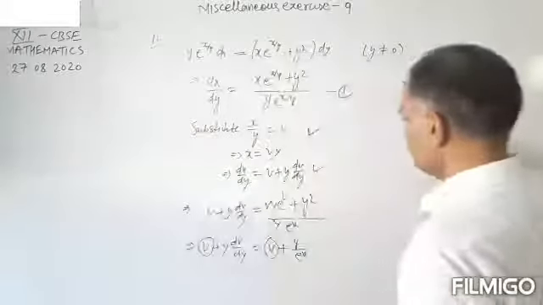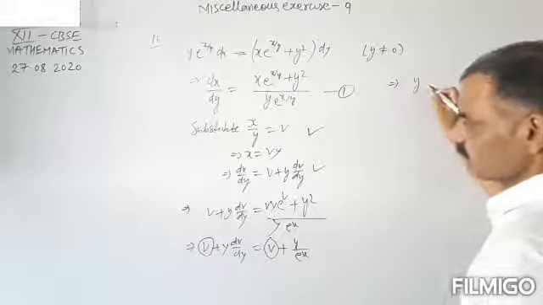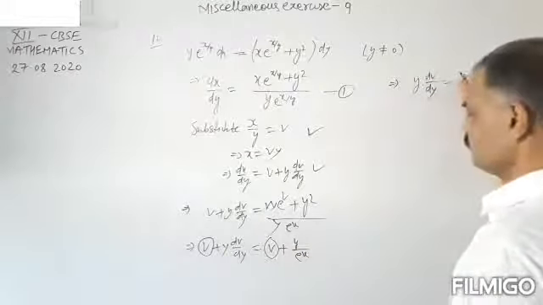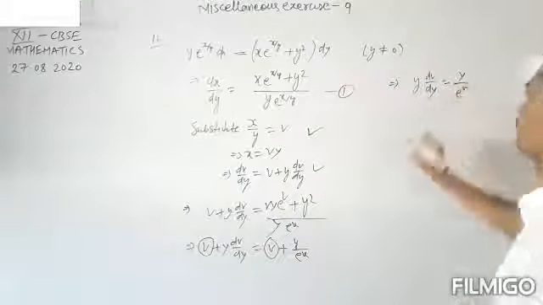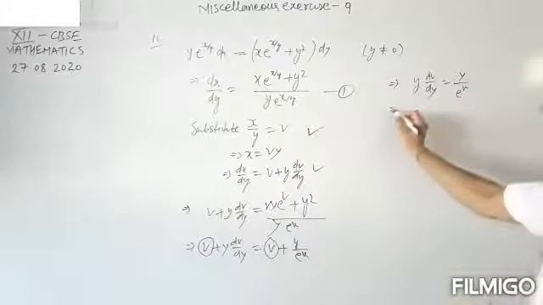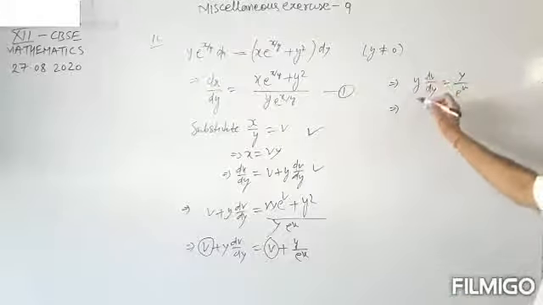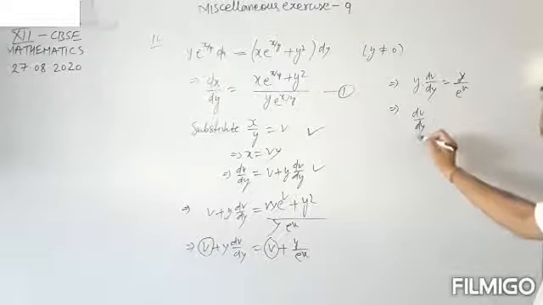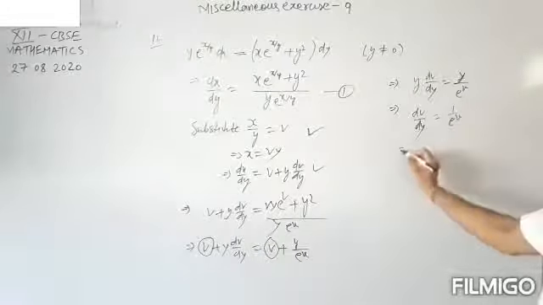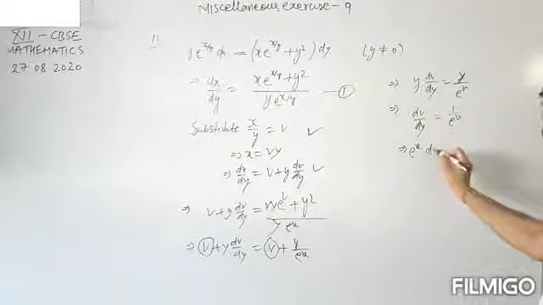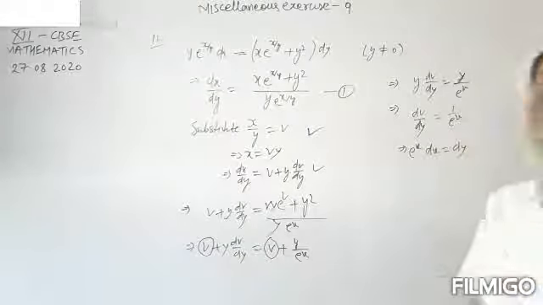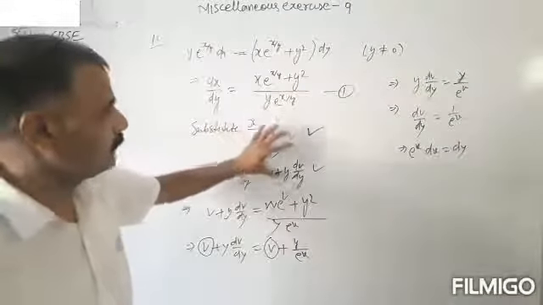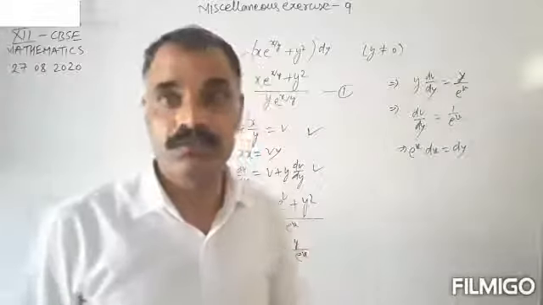So finally we have y dv upon dy is equal to y upon e to the power v. Now y will cancel, so we have dv upon dy equal to 1 upon e to the power v, meaning e to the power v dv equals dy. This step is very important to solve the given differential equation.